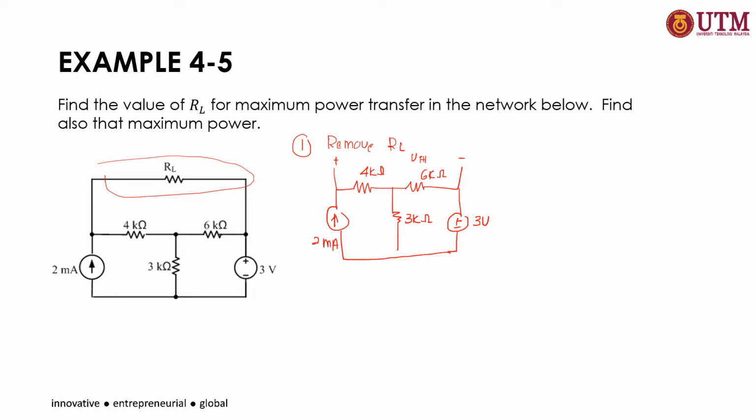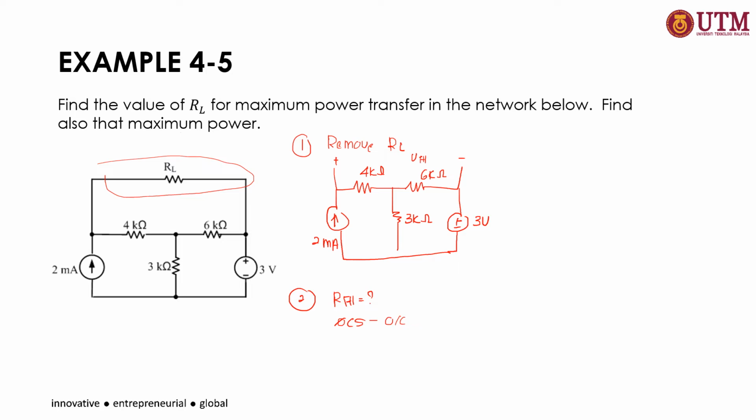For the second step, we want to find the RTH. In order to find the RTH, we need to turn off all the independent sources. In this circuit, if we have a current source, we need to do an open circuit.